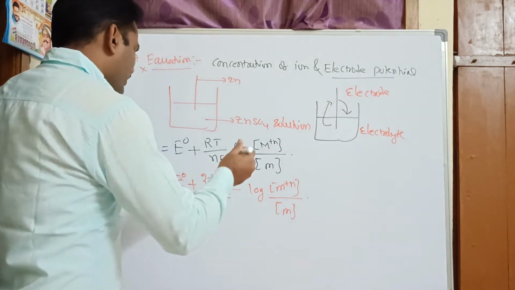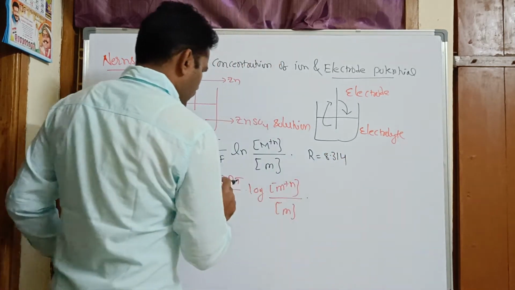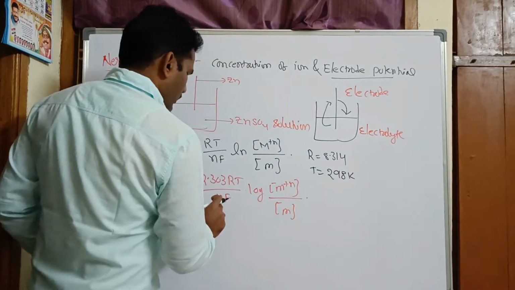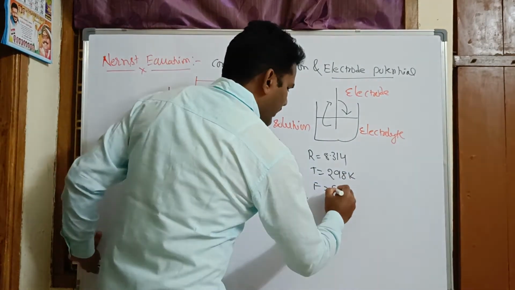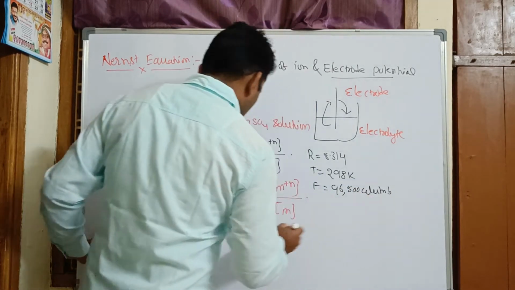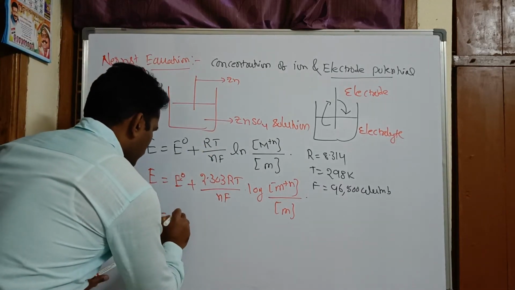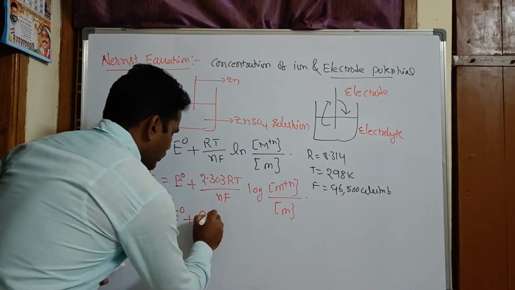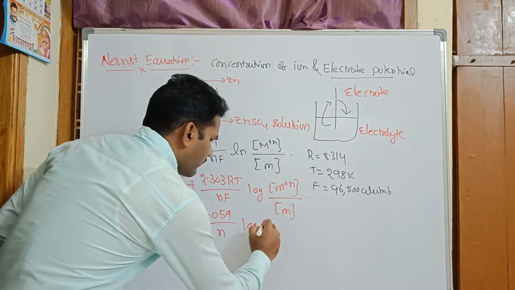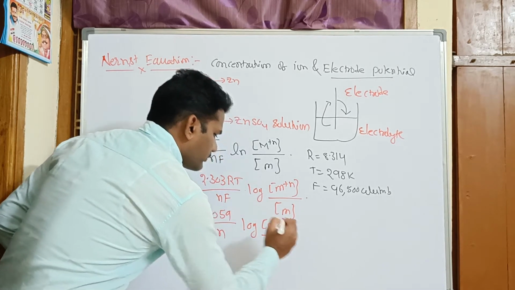When we substitute the value of R, that is 8.314, the value of T, 298 Kelvin, and the value of F, that is 96,500 coulombs, in the above equation, I get E = E naught + (0.059/n) log of metal ion concentration by metal concentration.